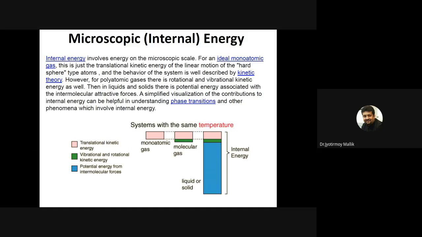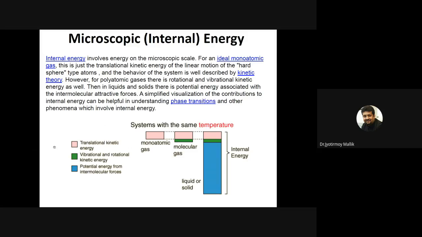Then in liquids and solids, there is potential energy associated with the intermolecular attractive forces, which is not present in gas, of course. A simplified visualization of the contributions to the internal energy can be helpful in understanding phase transitions and other phenomena which involve internal energy.